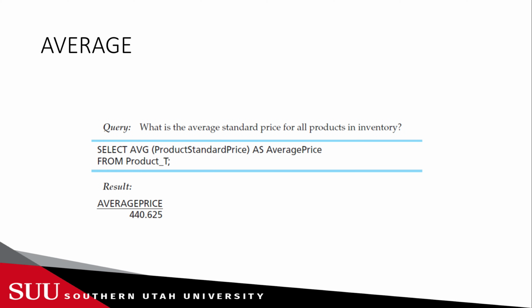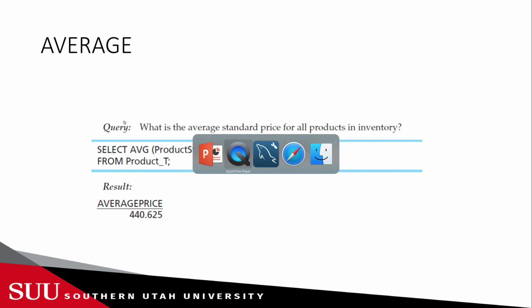The first example is the average, where you will just write select and then AVG, and in parentheses you will provide the column name that you want to get the average of. So here is an example from the book, but let's do an example on the data set that we have.